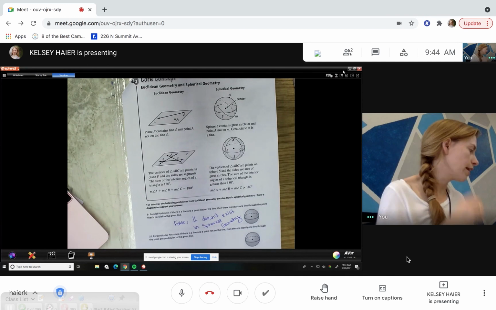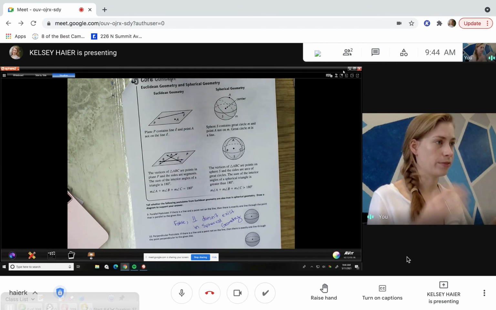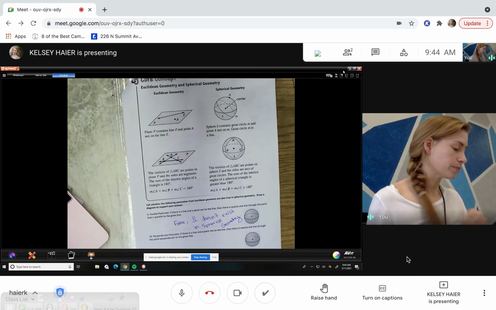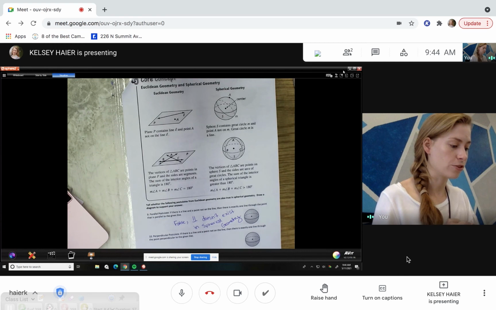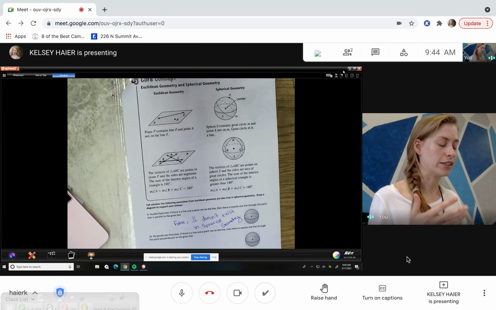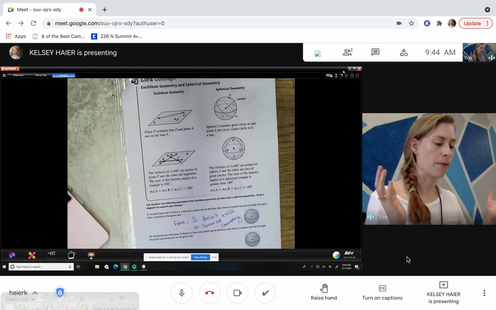Now, if we're looking at the perpendicular postulate, the key word is perpendicular, all right? They're saying that if there's a line and a point not on the same line, then there's exactly one perpendicular line through the given point.